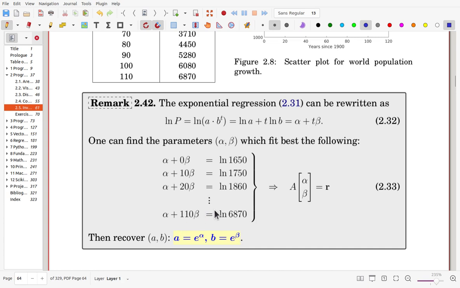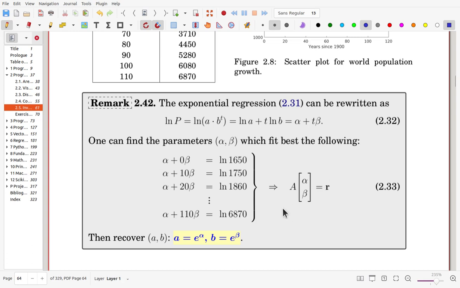From these equations, now we can get an algebraic system. We try to collect here 1, 0, 1, 10, 1, 20, and so on, so that will become A, and two unknowns alpha and beta, and then on the right side we collect these values to make a column vector.